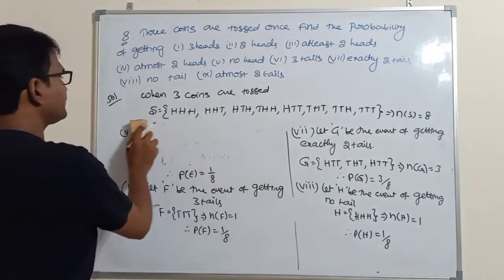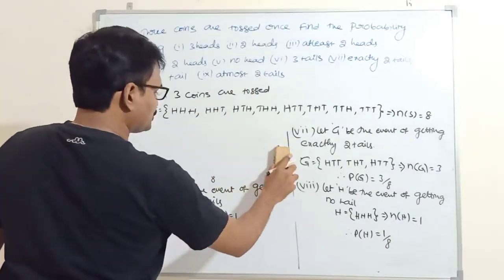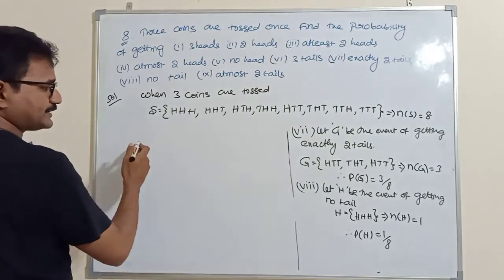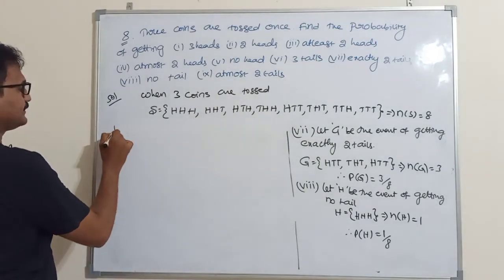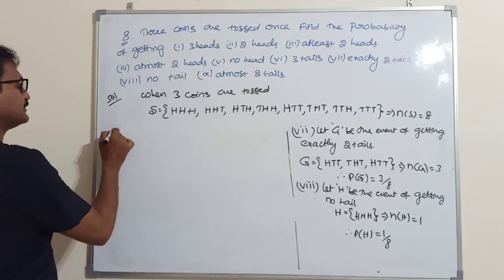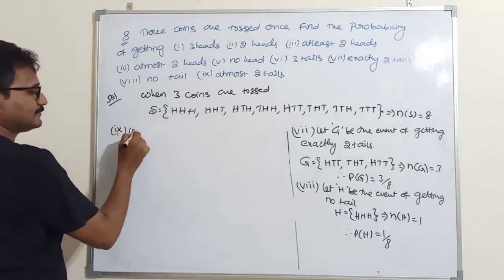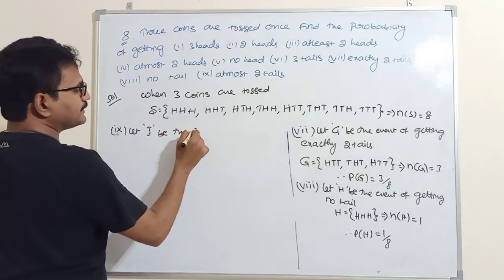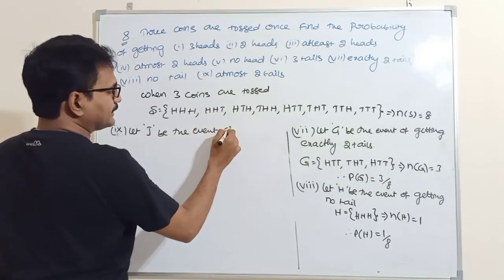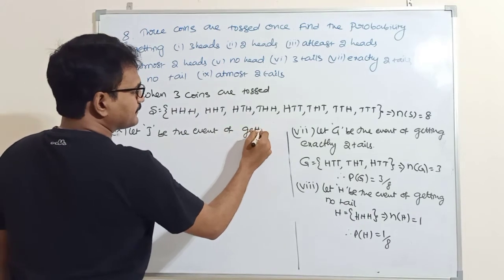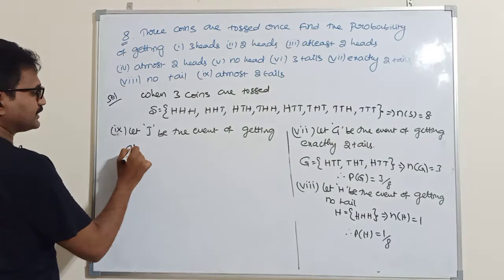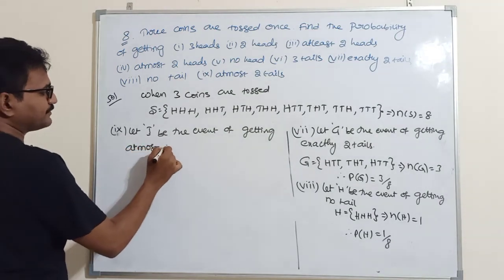Next, last question: at most 2 tails. Let I be the event of getting at most 2 tails. At most means maximum.